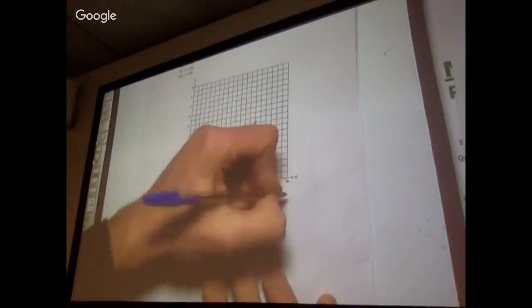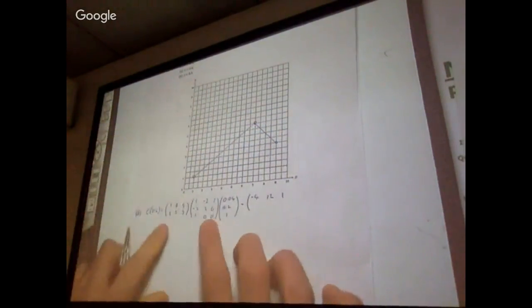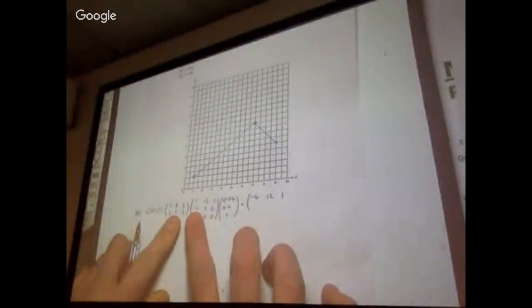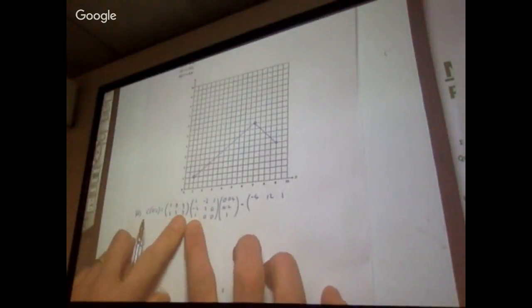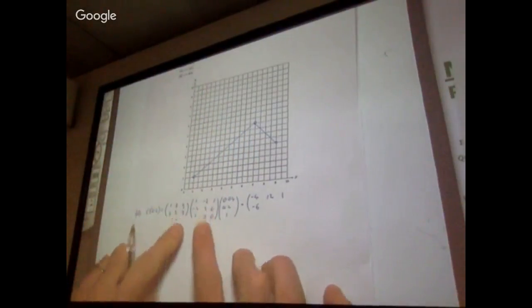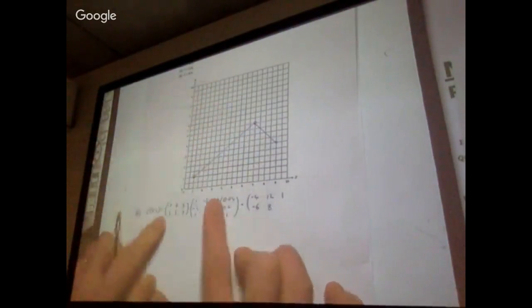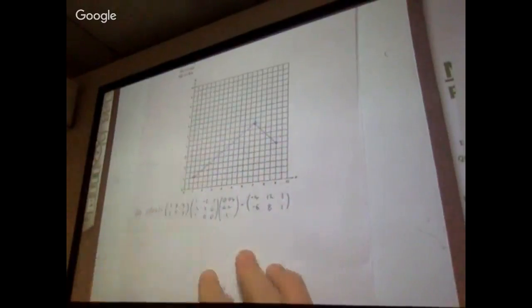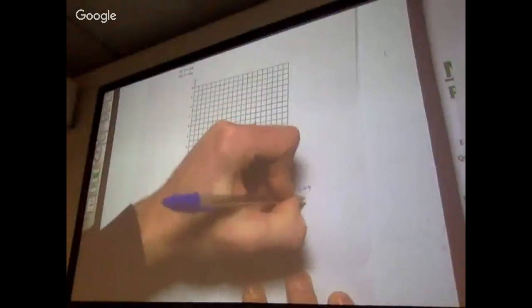That's just going to be 1. 1 minus 10 is minus 9, plus 3 is going to be minus 6. Minus 2 add 10 is 8. And then we've got 1. So all I've done there is multiply the first two matrices together, and I've still got my matrix of t values.